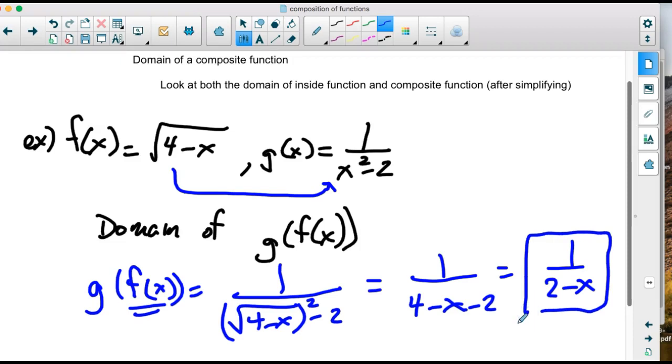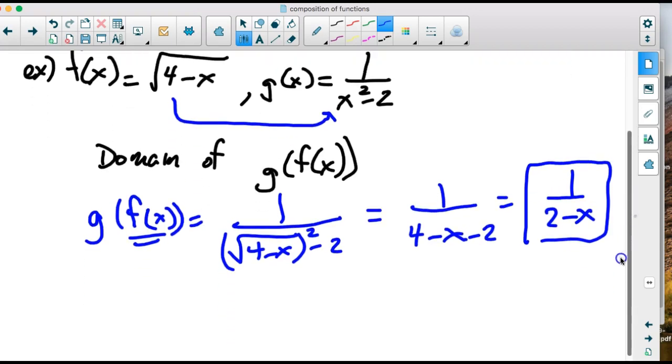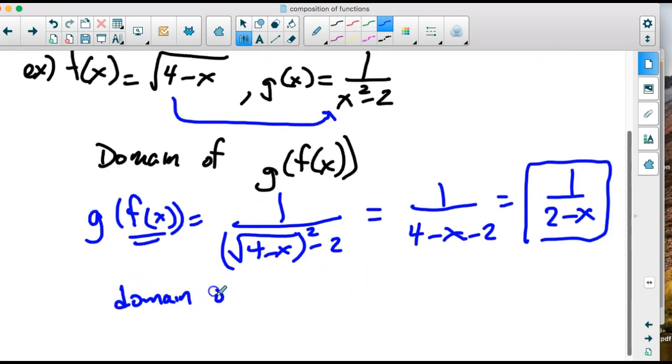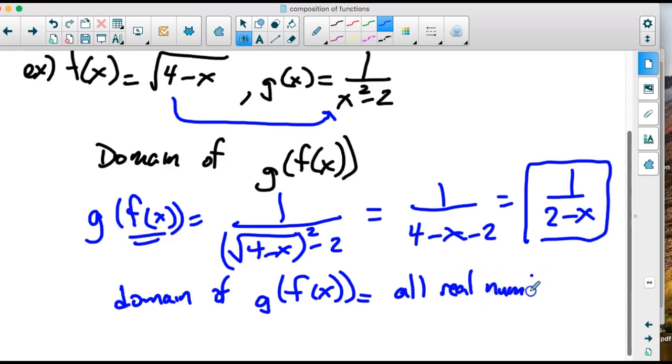We have to look at the inside function and the composite function. The inside function being f of x. So the domain of g of f of x is all real numbers except 2.